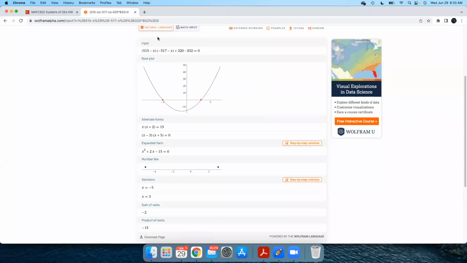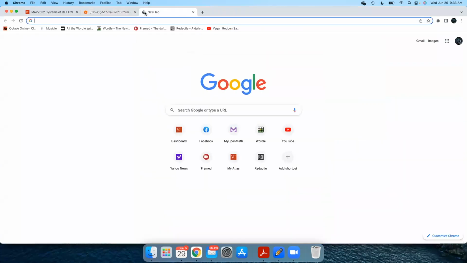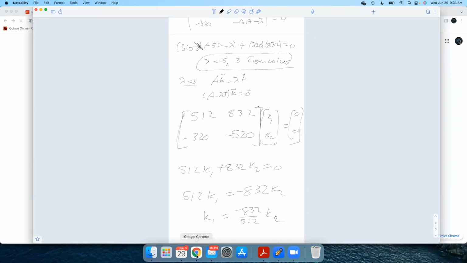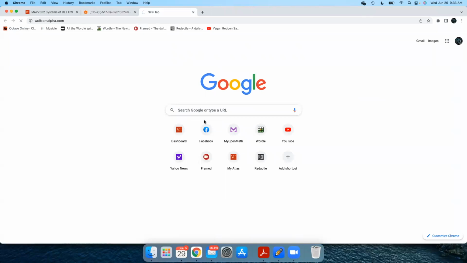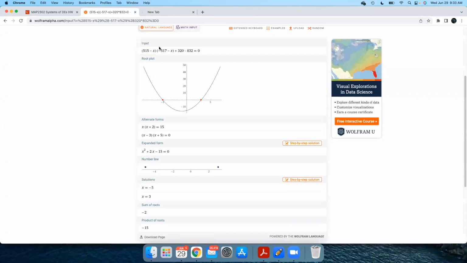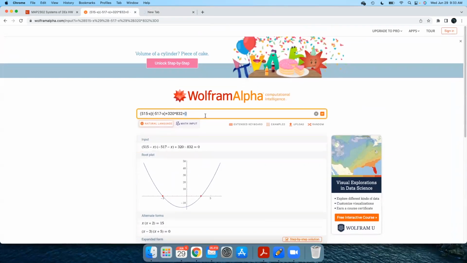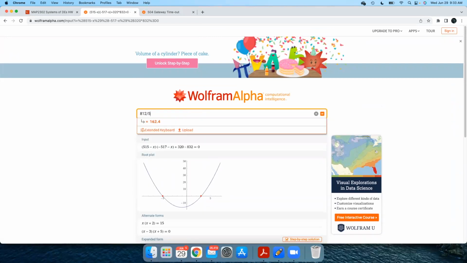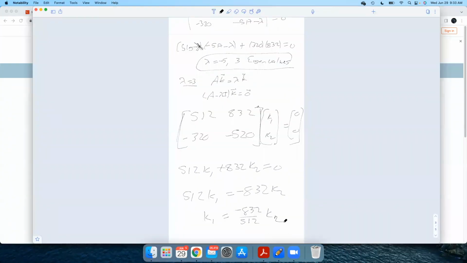Let's see what that is. 832 over 512. My guess is that reduces to something pretty. I don't know why that's not loading. It's negative 13 over 8.